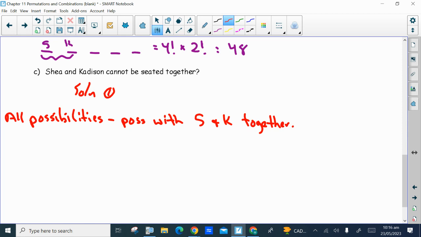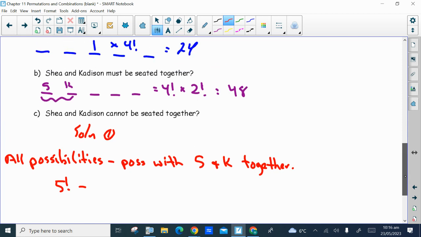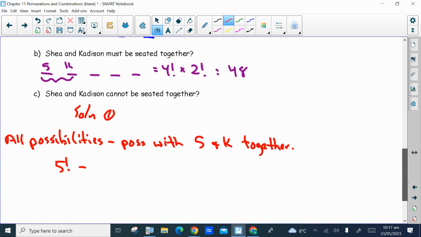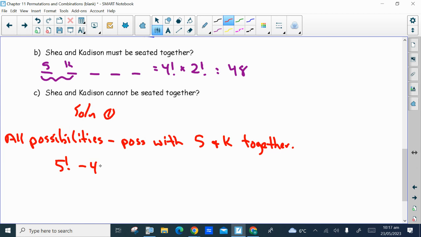So one way to get this, the number of ways that Shay and Caddison cannot be seated together, would be to take all possibilities, which would be 5 factorial, minus those possibilities with Shay and Caddison together, which we found in part B was 48.